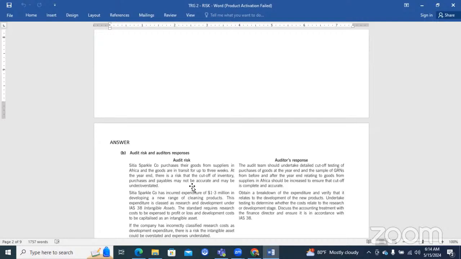So for all the cutoff issues, we should perform a cutoff test. What is a cutoff test? Simply we should take the GRN, goods received note. Once we accept the goods, we should send the GRN to the supplier. That is the point where we are accepting the goods, the point where liability is created. So you should select the GRNs before the year end and after the year end.